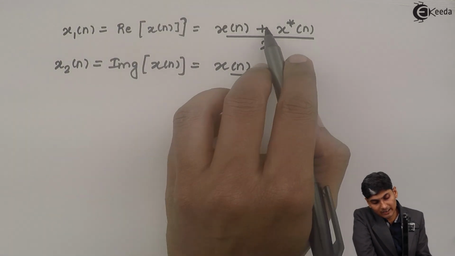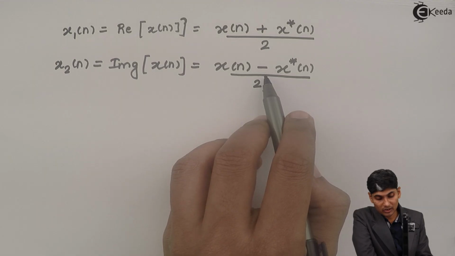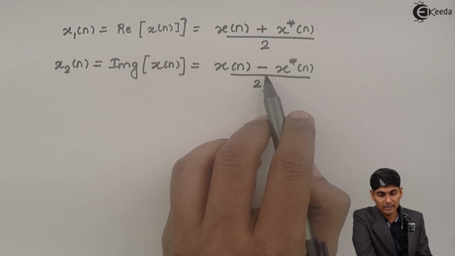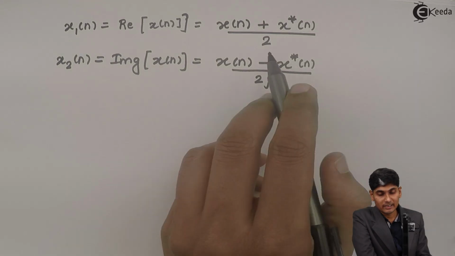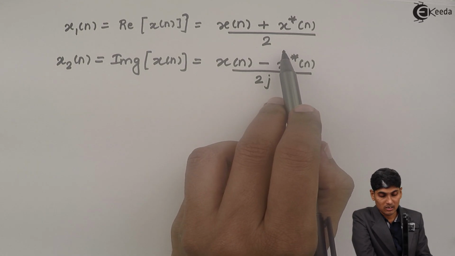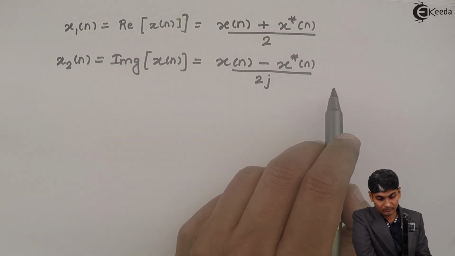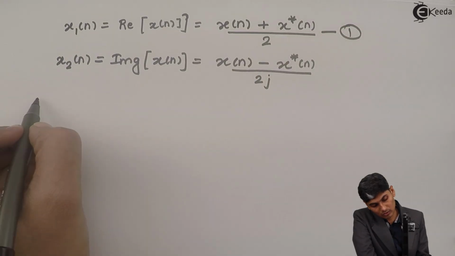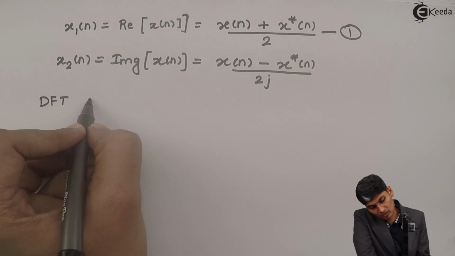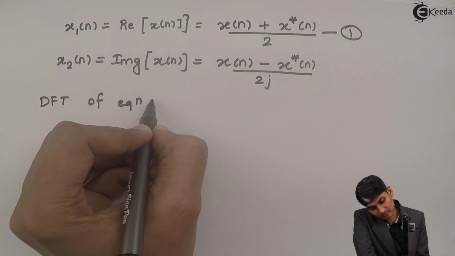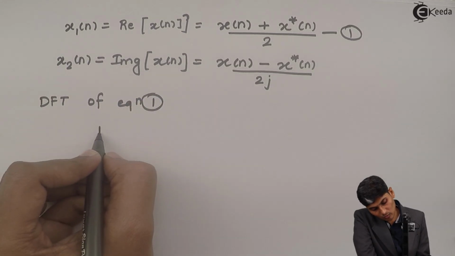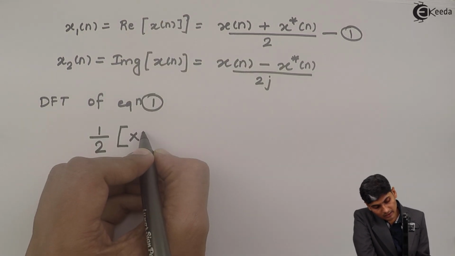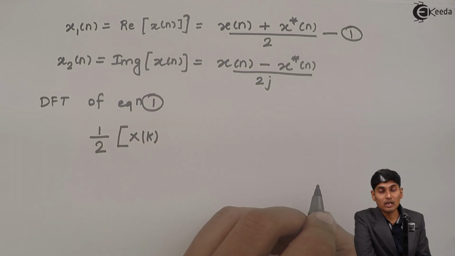Now we see addition and subtraction signs, which reminds me of the linearity property of the DFT, as well as there is a 1/2 scaling factor which comes out as a constant. So the DFT of equation 1 can be written as 1/2, which is a constant, times X of k.